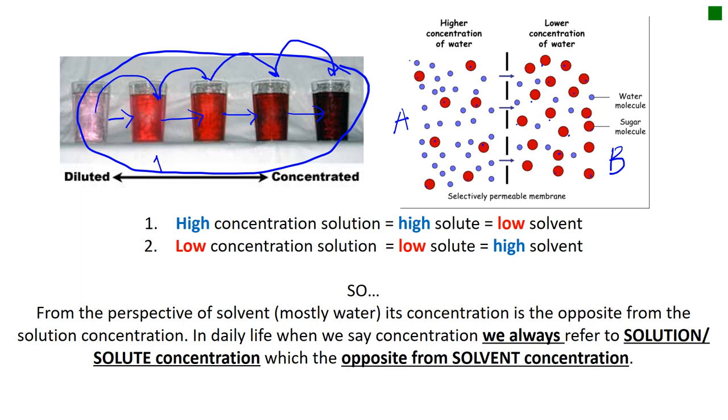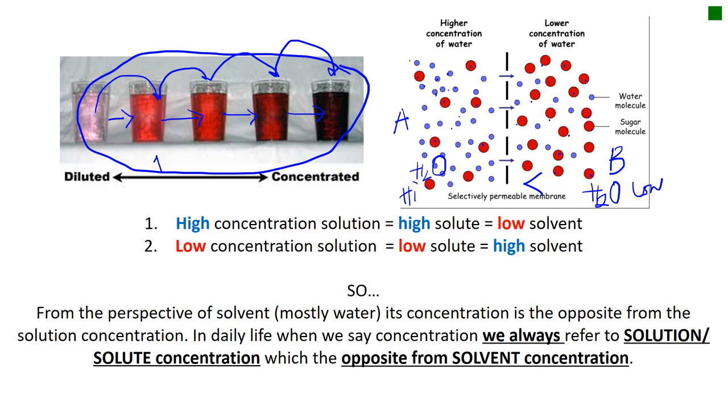So it means that the concentration of the solution in B is higher than A. You can also notice that the water molecule amount in A is actually higher, while the water molecules in B are found in low amount.